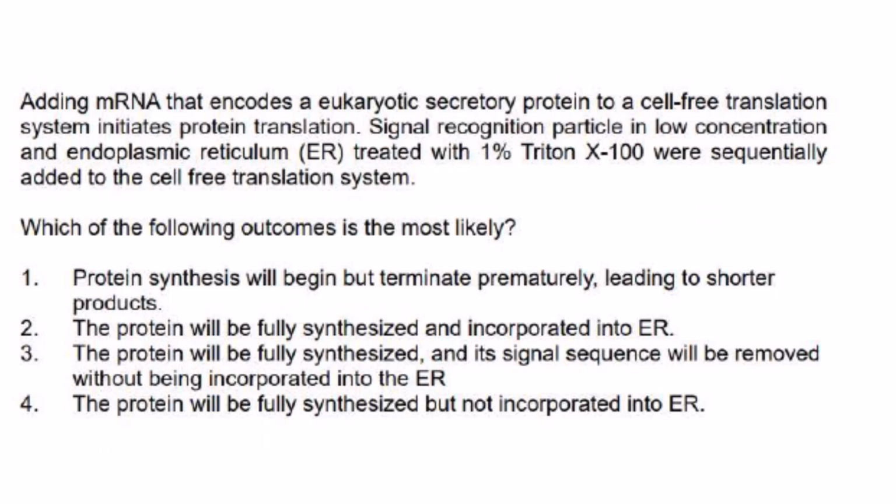Then the next one: adding mRNA that encodes a eukaryotic secretory protein to a cell-free translation system initiates protein translation. Of course, a cell-free translation system means the ribosomes and the necessary translation machinery will be available, and you can add your mRNA of interest and see the protein that is produced by this mRNA.